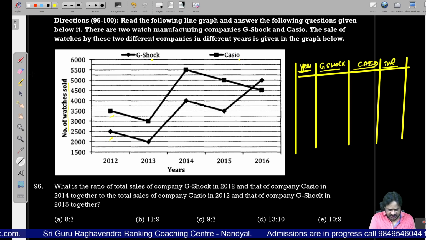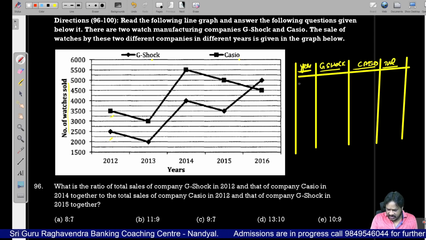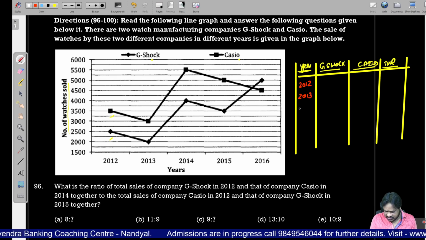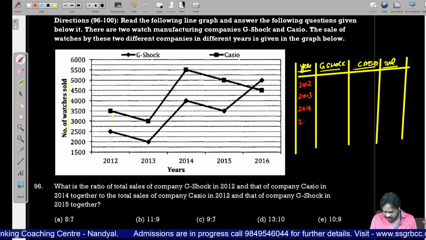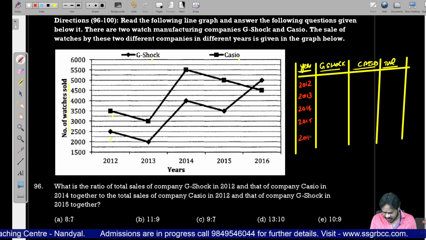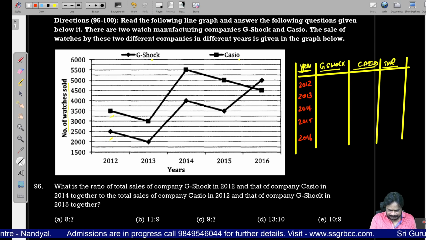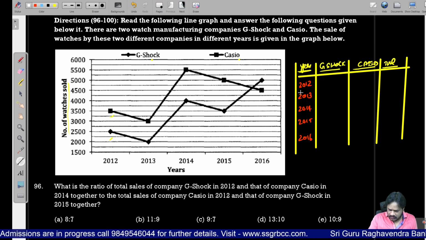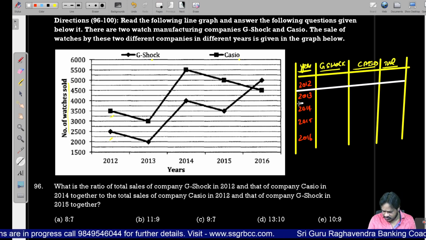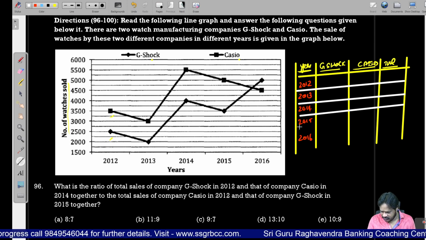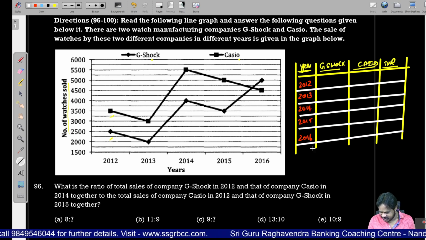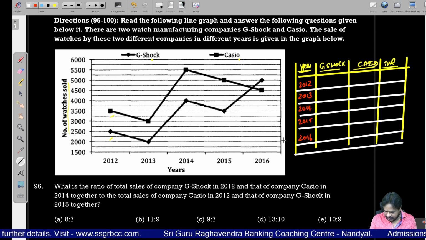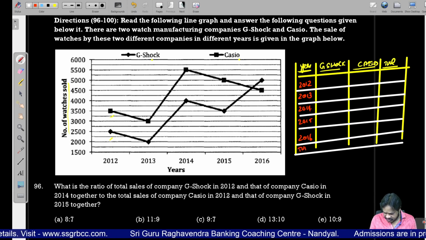So below the years, write down the years from 2012, 2013, 14, 15, and 16, and the total also. Last one should be the total.